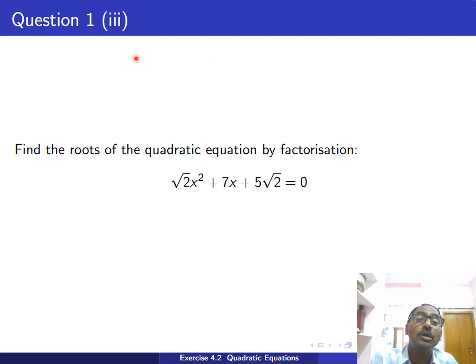Coming to question 1, problem number 3. Find the roots of the quadratic equation by factorization. Root 2 x square plus 7x plus 5 root 2 equal to 0. Here a, the x square coefficient, is root 2, b, the x coefficient, is 7, and the constant is 5 root 2. So I need to get two numbers to split the middle term.